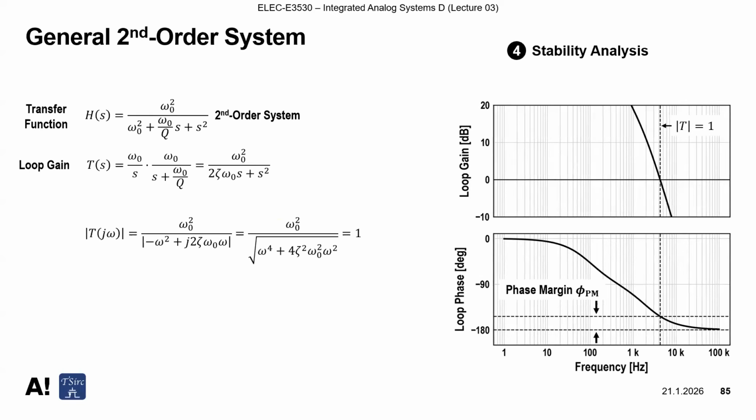Then, let's figure out. When we take the magnitude response of loop gain, we can further reorganize the equation like this. Omega 0 square over something plus s square. Then when we take the magnitude, we have omega 0 square over something here, right? This something is defined when we take s equal to j omega.